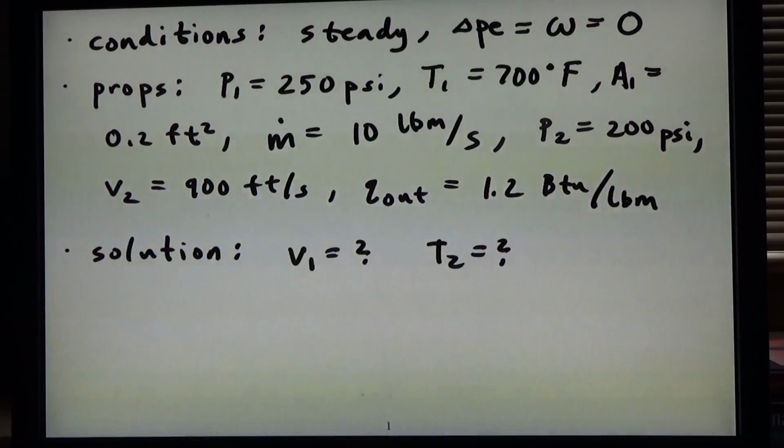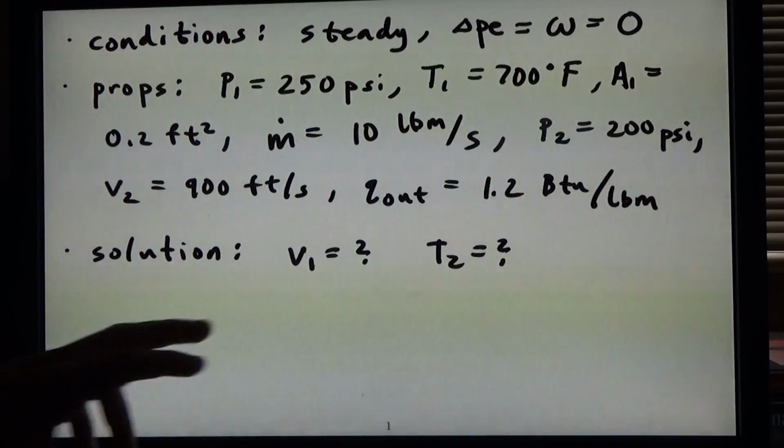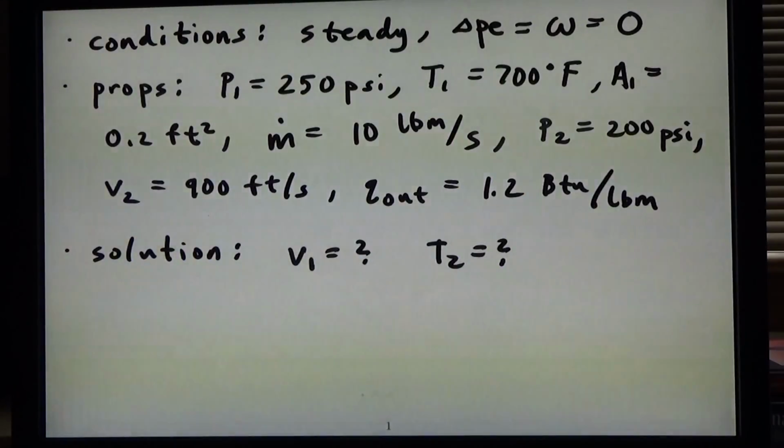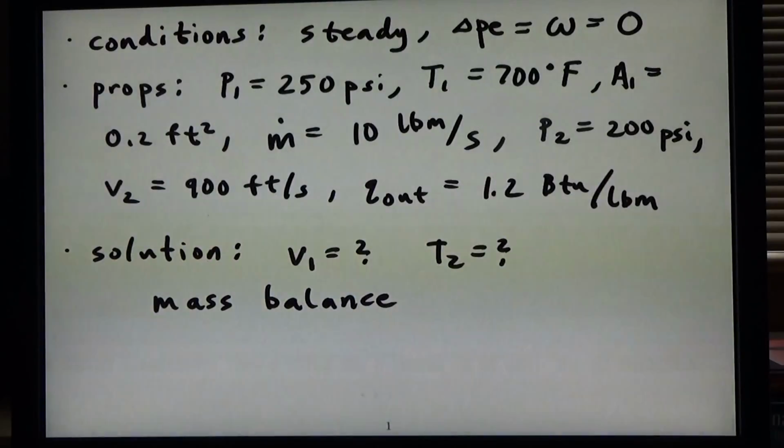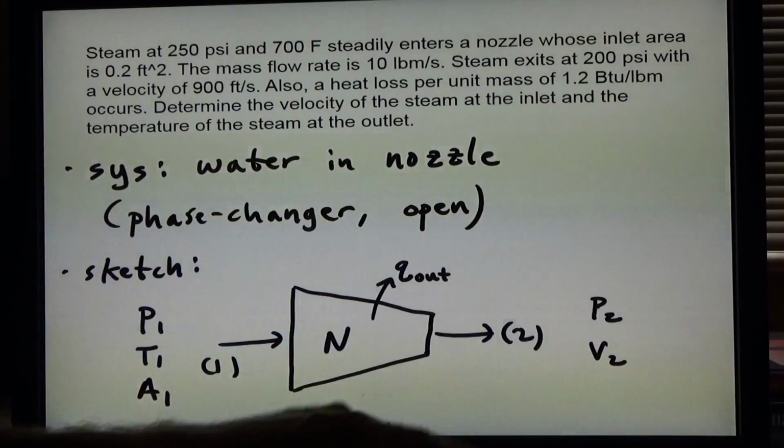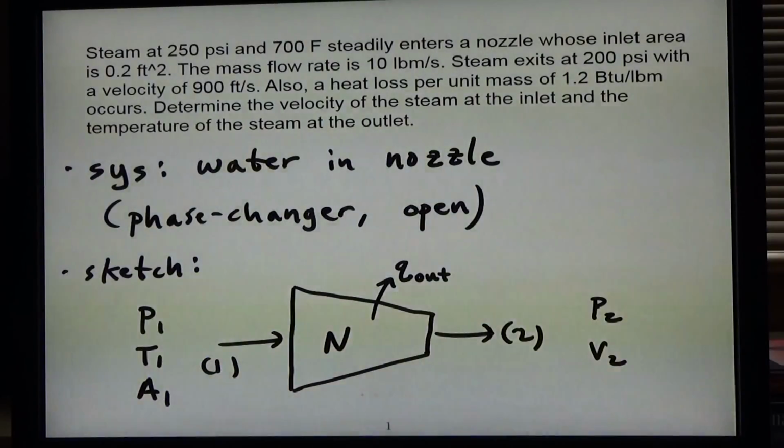And then we go from the mass balance straight into the energy balance, and we analyze the energy balance using the conditions that we defined for the problem, and then we see, is there any way that I can solve for V1 and T2 with that information. So let's start off with the mass balance. We have a nozzle, so one inlet, one exit, single stream device.